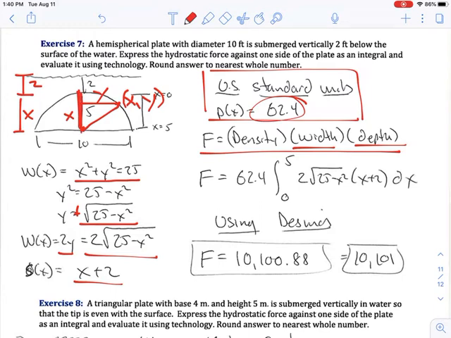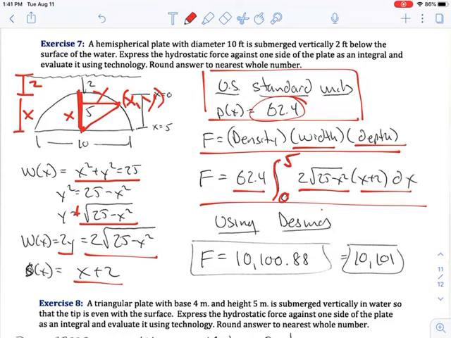So putting it all together, we have density times the integral from 0 to 5. There is my width function. There is my depth function. Now, there's no way we're going to be able to integrate that easily. In the next chapter, chapter 3, we're going to learn some techniques where we can do this.